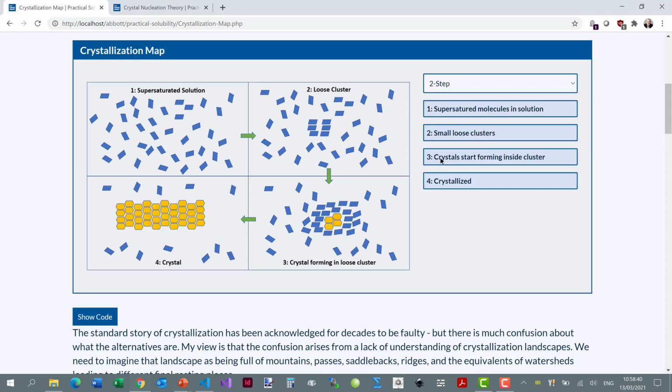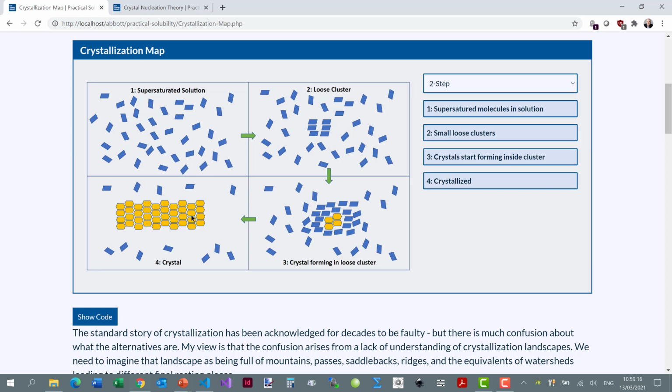Very famous is the two-step nucleation theory. You have a supersaturated solution, you have a loose cluster, you get a bigger cluster, and although it was impossible for the crystals to form spontaneously out in the solution because the surface energy of these little clusters was too high when surrounded by solvent, now it's surrounded by itself as a loose cluster, so it can start to crystallize, and that then gives you your crystal.